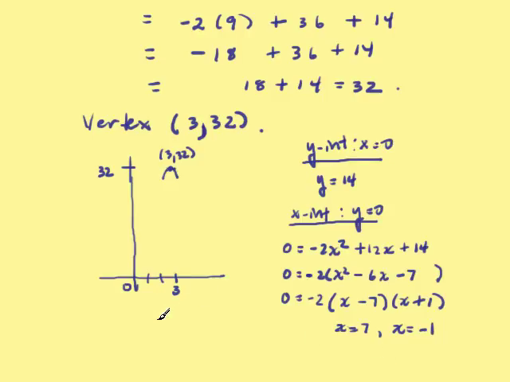All right, let's see if those look like they fit our graph. Okay, so we have a y-intercept at 14, so that would be about a little bit below the middle here. Okay. So that's the y-intercept, (0, 14). And intercept 7, say here, and negative 1.